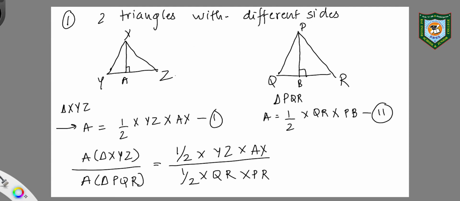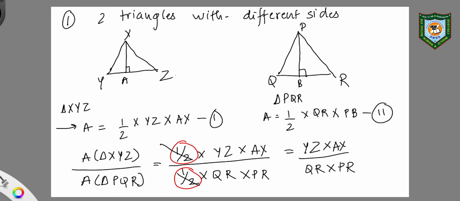Now, as we can see, this 1 by 2 and this 1 by 2 are common, so all we have to do is cancel these values. So I'll be left with YZ into AX divided by QR into PB. So whenever I have two triangles with different sides, the ratio of the area is equal to the base into height of triangle 1 divided by base into height of triangle 2.